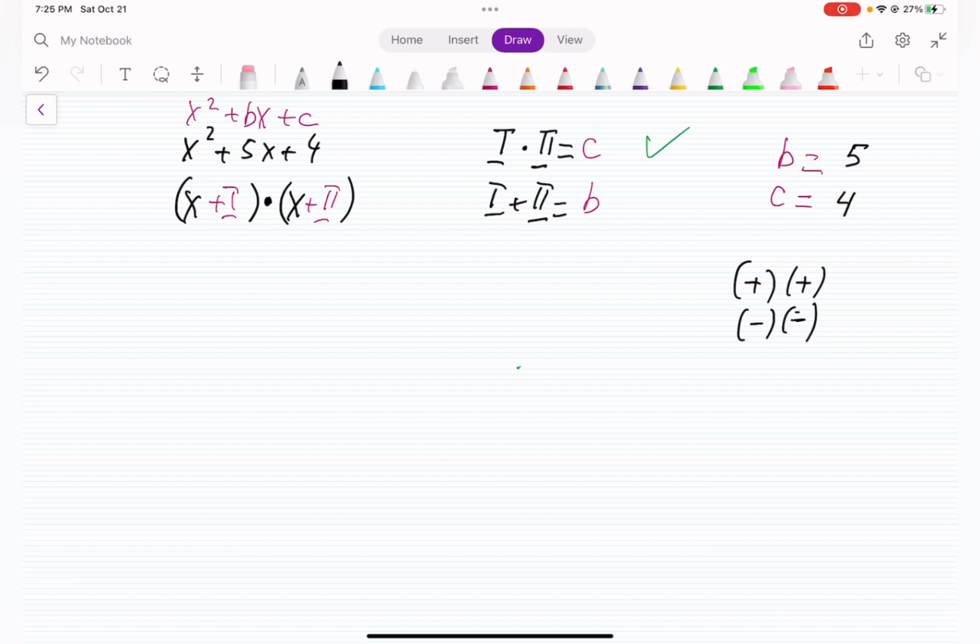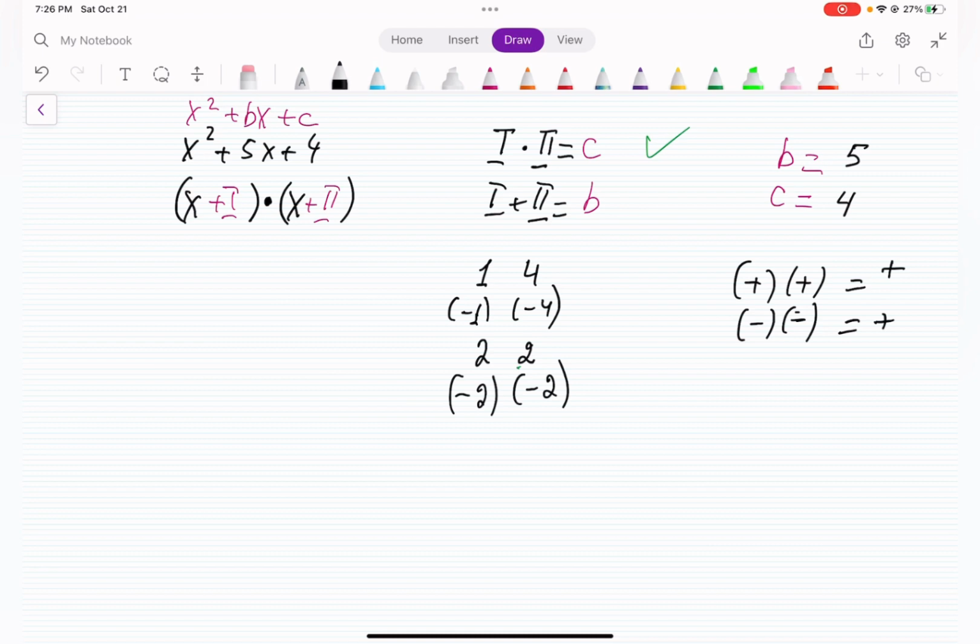So it can be positive 1, positive 4, right? 1 times 4 is 4, or negative 1, negative 4, correct? And the other version we have positive 2, 2 times 2 is 4, and negative 2 times negative 2. We wrote down all 4 versions.